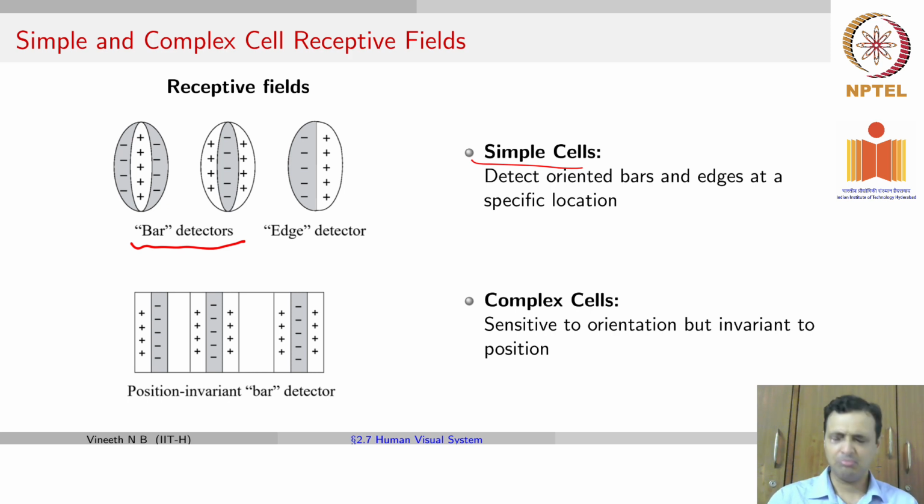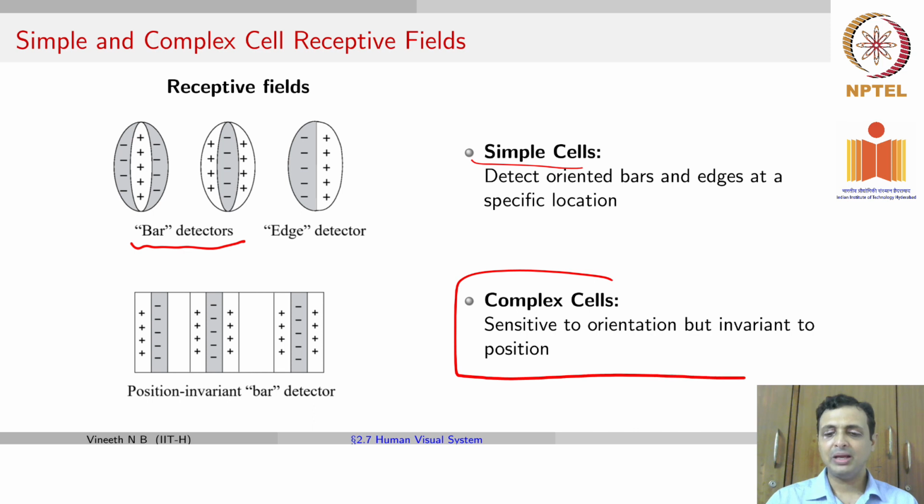And an edge detector is the edge detector that we already know. Those are simple cells. While complex cells may be invariant to position, they are sensitive to orientation. So if you have certain orientations of edges, the complex cells are what pick up those kinds of orientations in their structure.